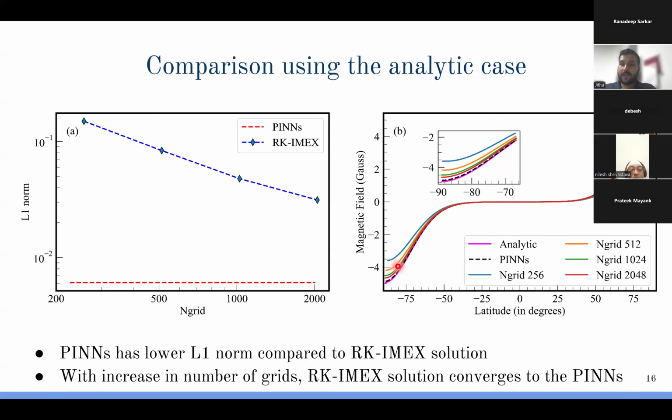Now, one thing that we were very much interested in is that here we have shown the magnetic field. We wanted to see how the flux will be affected because of the numerical and the PINN treatment. Because the very important thing about any classical method is that there will be numerical diffusion. This numerical diffusion comes because of the gridding: the differentiation is done from grid to grid, which makes some loss in the value.